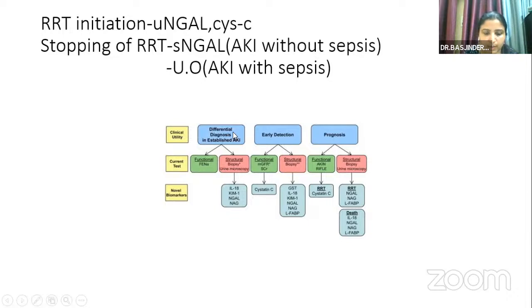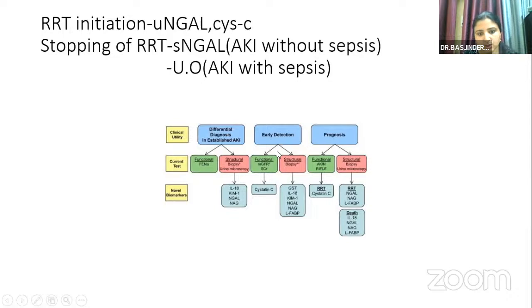So here also, to make the differential diagnosis in established AKI, whether it's functional or structural, the tests which we do in routine practice and the biomarkers corresponding to these stages are available. So in differential diagnosis, for structural, we go for a biopsy, we do the urine microscopy, but we can also see NGAL, interleukin 18.